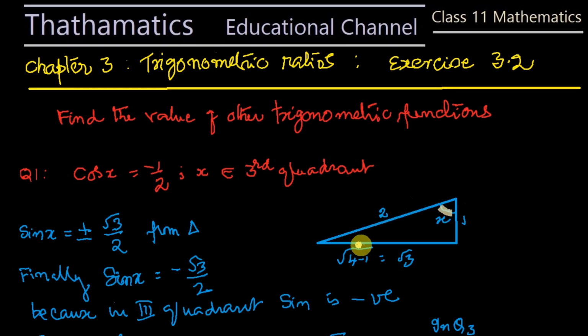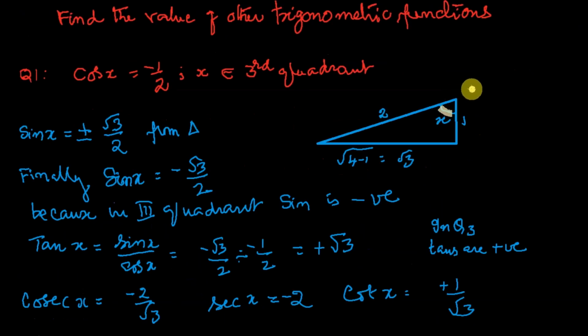So 1, 2, and this becomes root of 2 square minus 1, which is root 3. So we are going to use this triangle to finalize the numerical values of the trigonometric ratios, and we will go to quadrant-wise positions to assign the negative or positive signs to those numerical values.